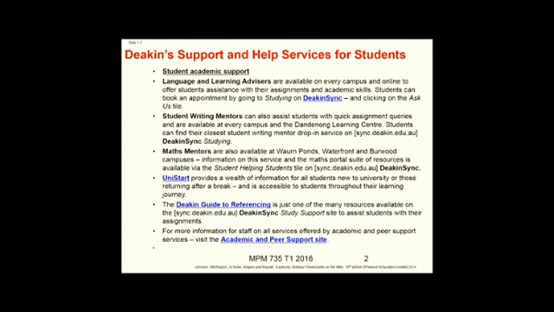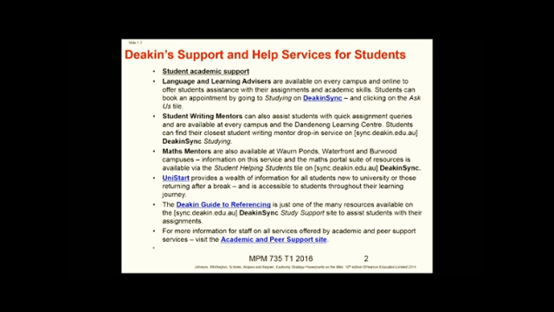Before we get onto that, I just want to draw your attention to some of the many support services that the university offers to assist students, new students or old students, students who are having any sorts of issues or uncertainties.